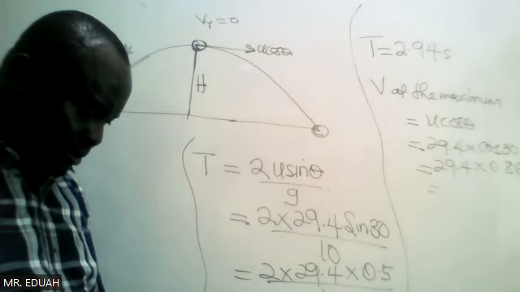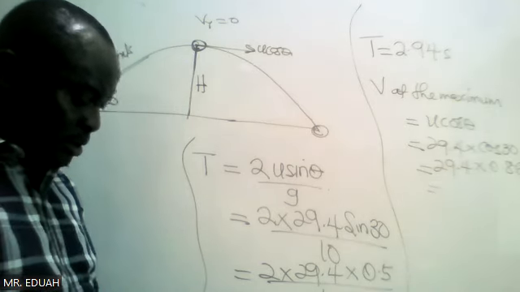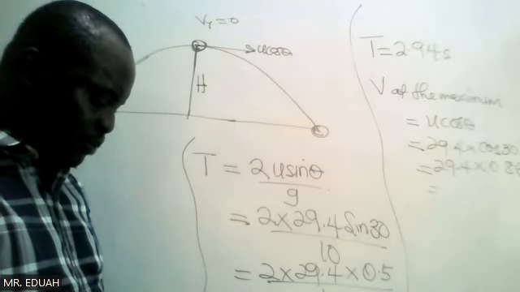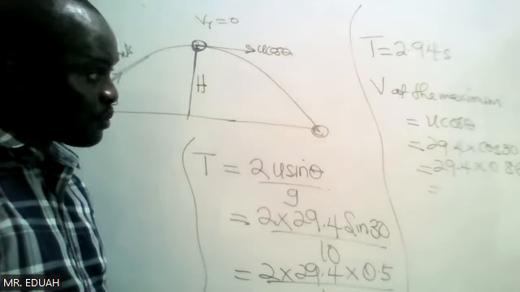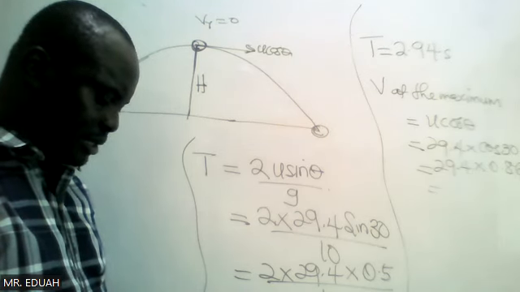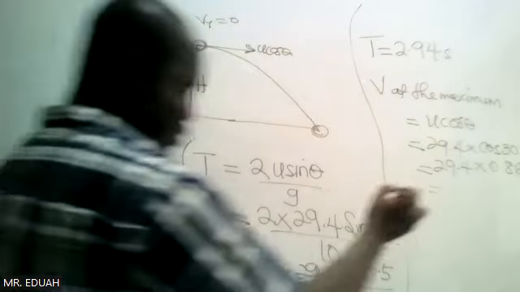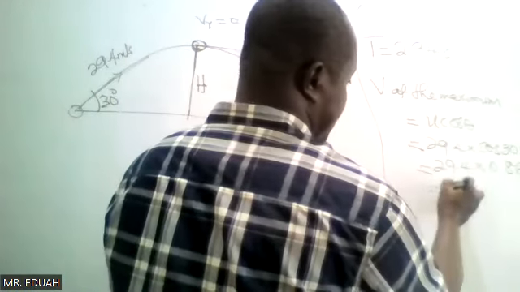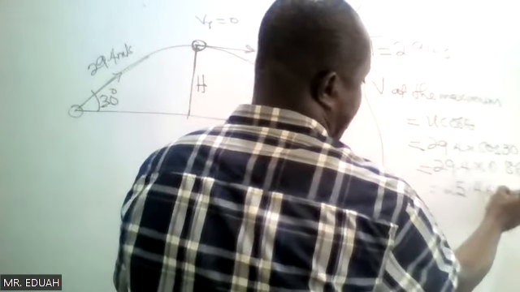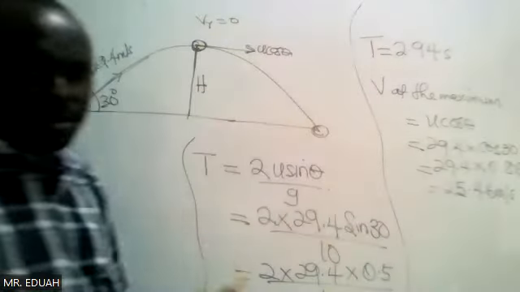So 29.4 times 0.866, and it's 25.46 meters per second.